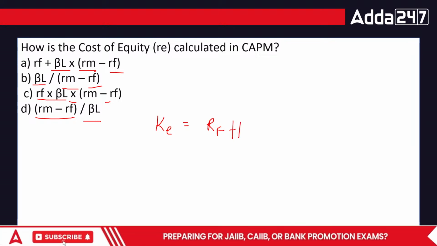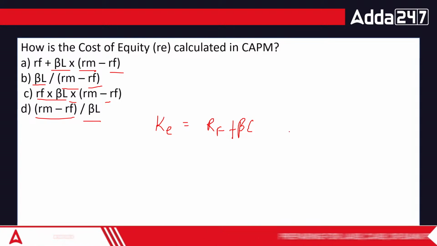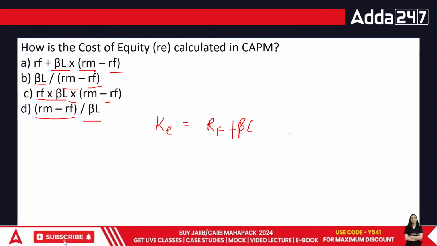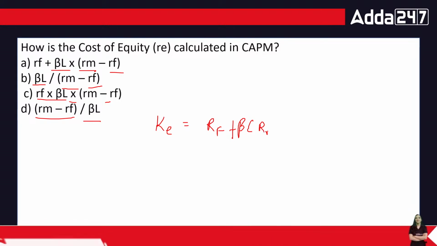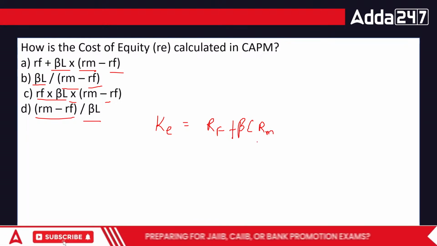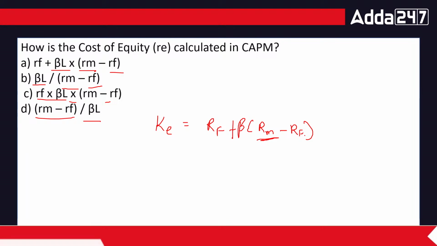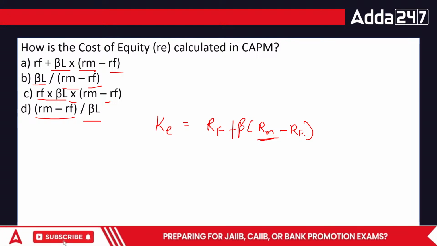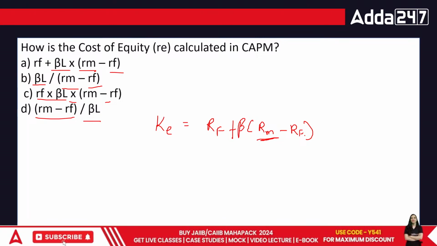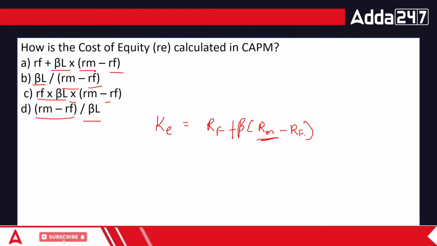You add your beta multiplied by RM, that is the return of the market minus the return of the area where we do not have any risk at all. That's the rule. Done?